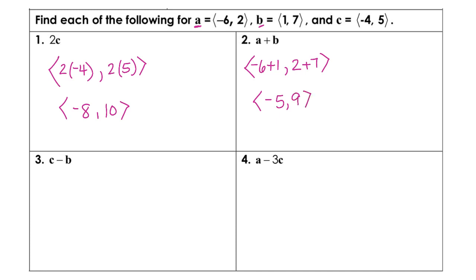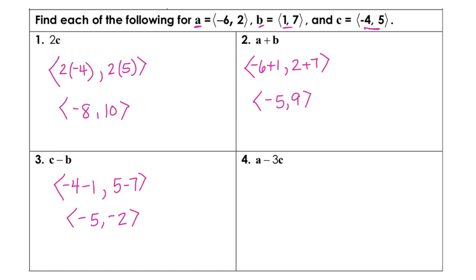The next one's c minus b, so vector c minus vector b. So we're going to have negative 4 minus 1, and then we're going to have 5 minus 7. And so our result here is going to be negative 5 and negative 2. And then for number 4, same process that you would think here.